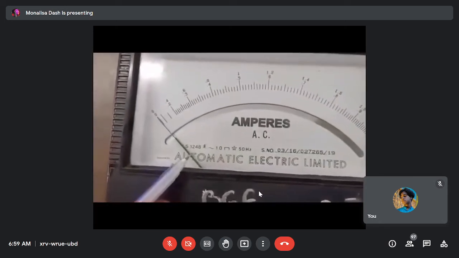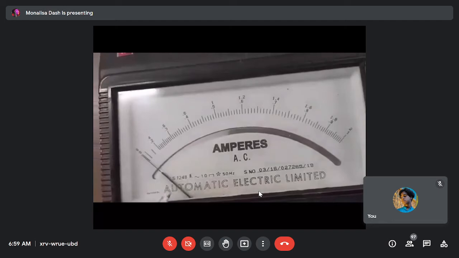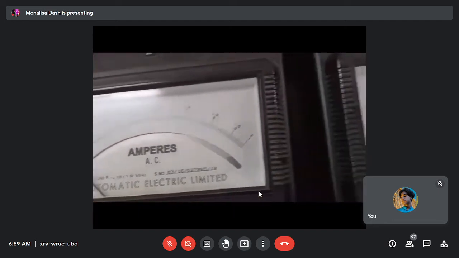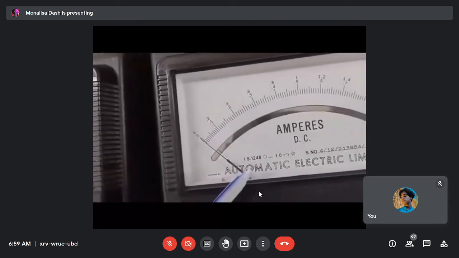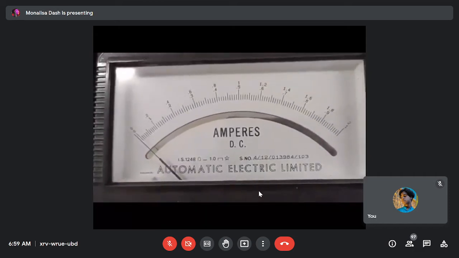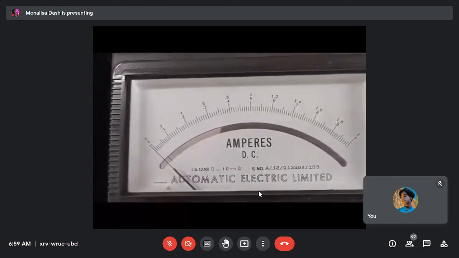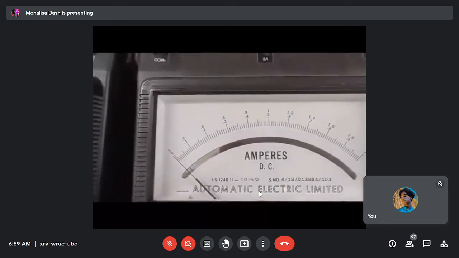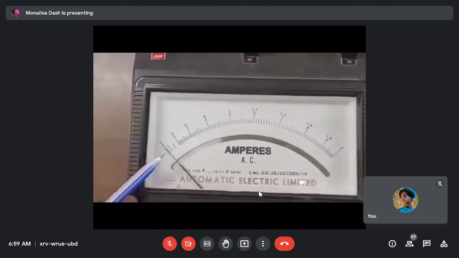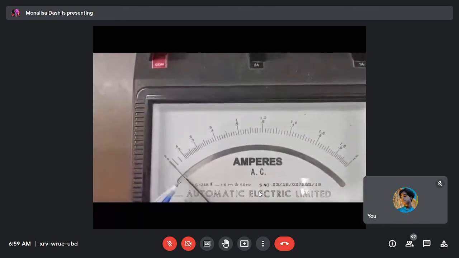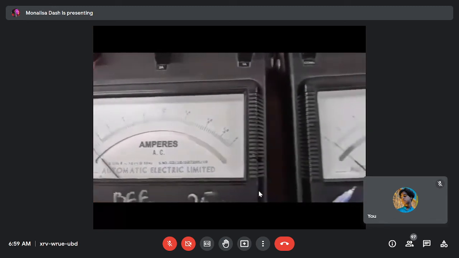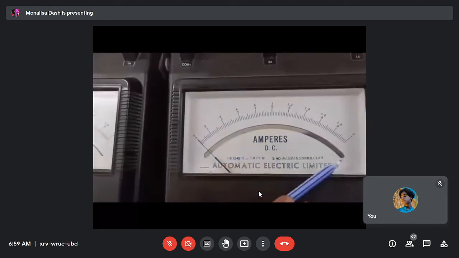This symbol represents the MI type instrument, and this symbol represents the MC type instrument. And another thing: in MI type instrument, initially the scale is squeezed and it is a non-uniform scale. And MC type instrument has a uniform scale.